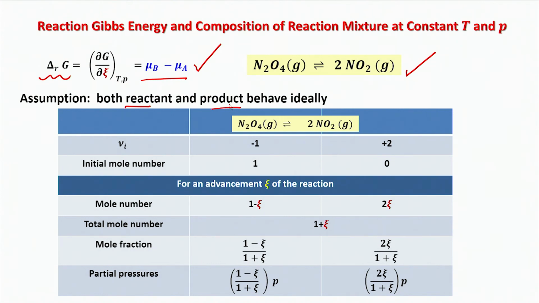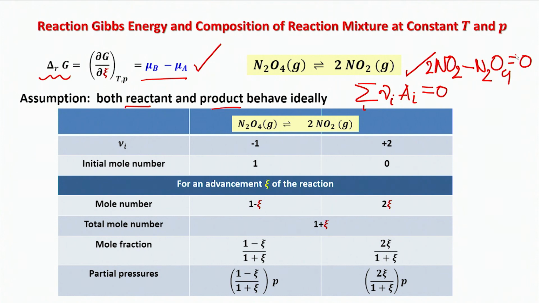So now if I look back, I know that the very first step should be writing down this chemical equation as summation over i of νi Ai equal to 0. So in this case, the way I will write it out is 2NO2 minus N2O4 must be equal to 0.